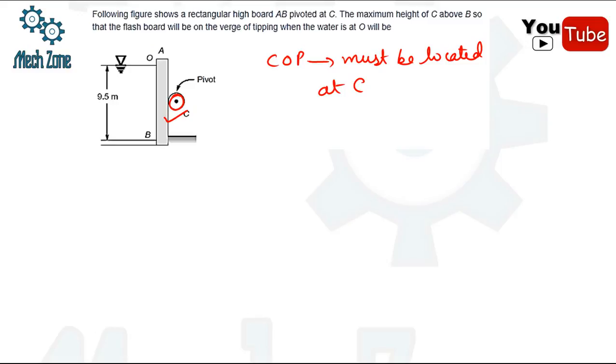Height of C above B would be nothing but 9.5 divided by 3, and this is 3.16 meter.